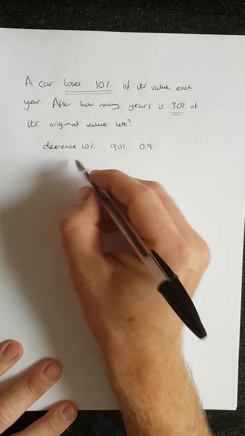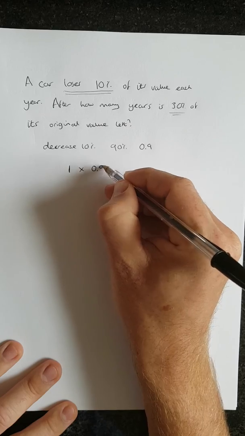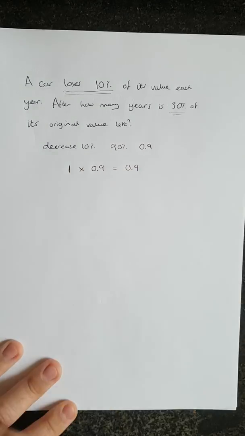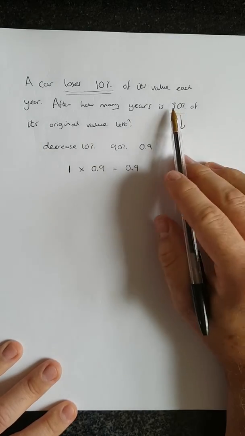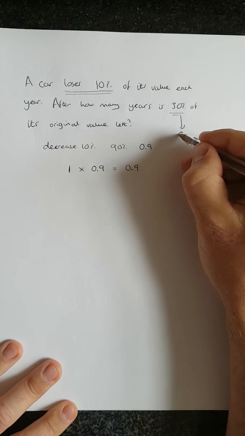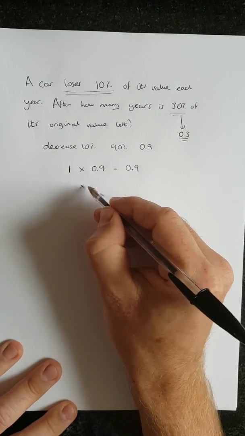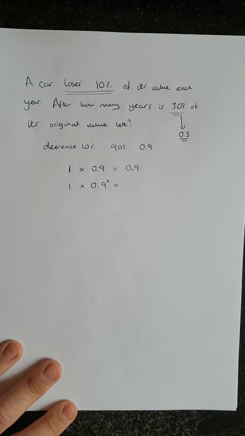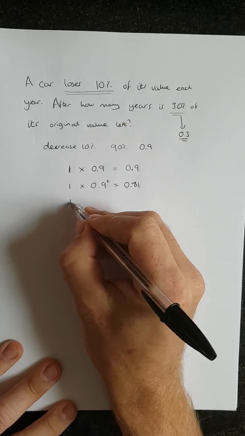Right, so here's what we do. Let's set the cost of the car up as 1, and let's times it by 0.9 once, and we get 0.9. Now we're looking for it to be 30%, which is 0.3. So we're going to have to do the decrease twice. That takes me to 0.81.